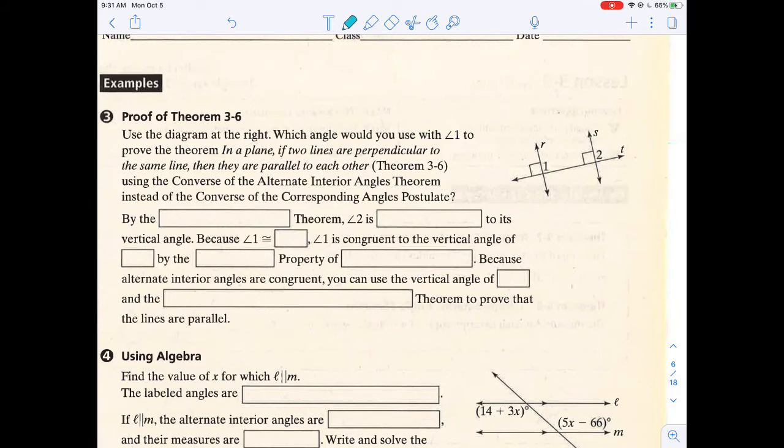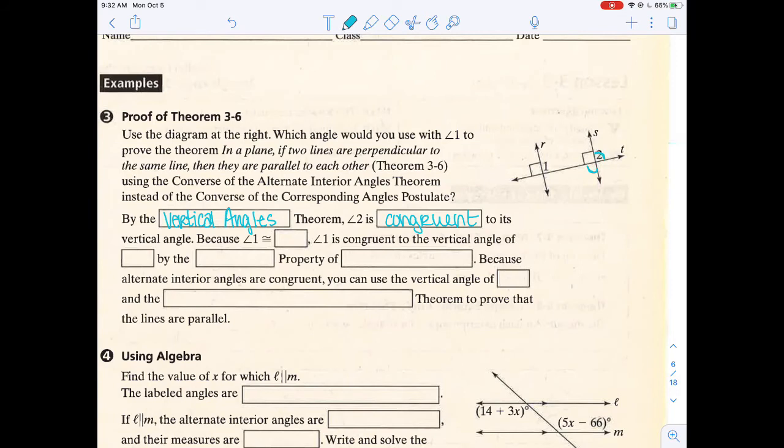So, by the vertical angles theorem, angle 2 is congruent to its vertical angle. So that would be over here. These two are the same.